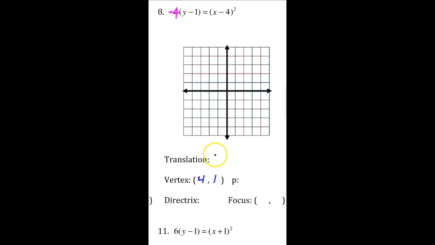So we're going to go right 4 units and up 1 unit. The p-value is going to be 4p equals -4, or just 4. So the p-value is going to be 1 in this case.